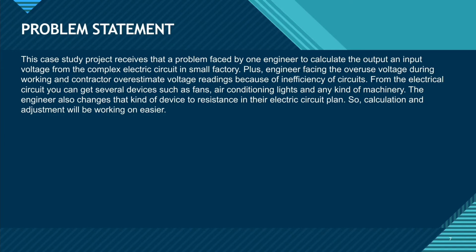From the electrical circuit, you can get several devices such as fans, air conditioning, lights, and any kind of machinery. The engineer also changes those devices to resistances in the electric circuit plan, so calculation and adjustment will be easier.